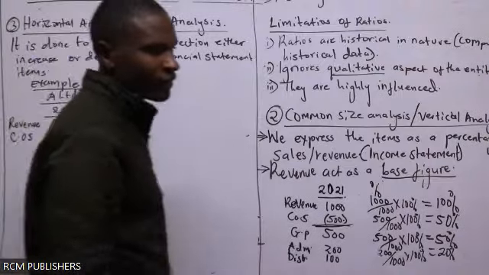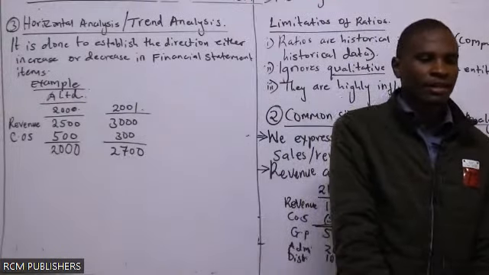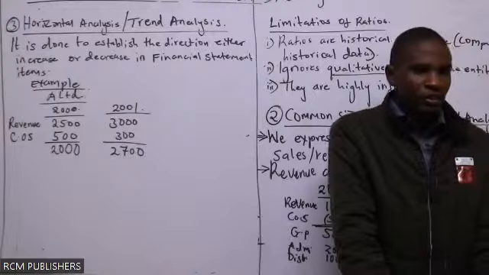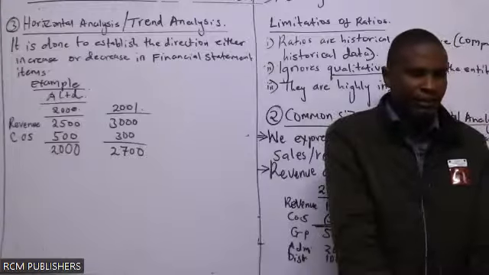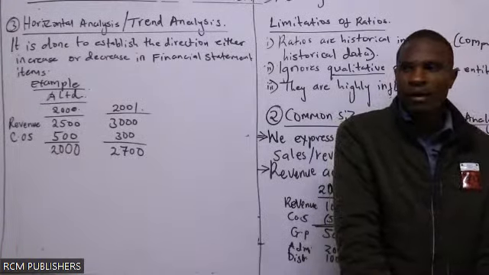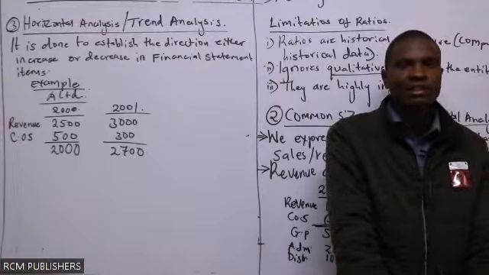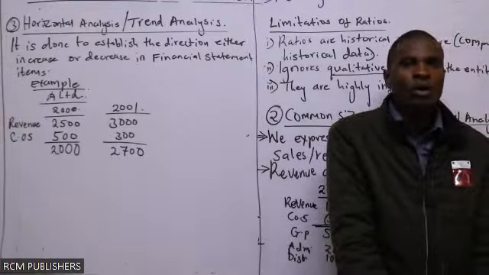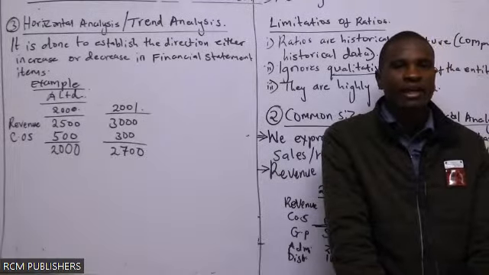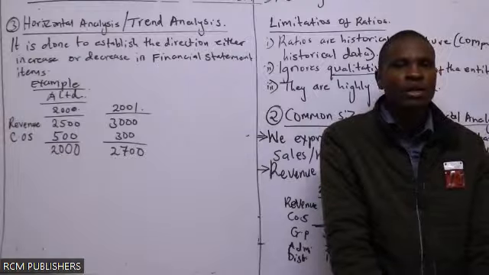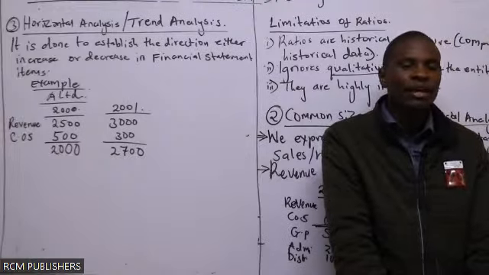So in 2000, we had a revenue of 2,500. But when you look at 2001, the revenue increased to 3,000.